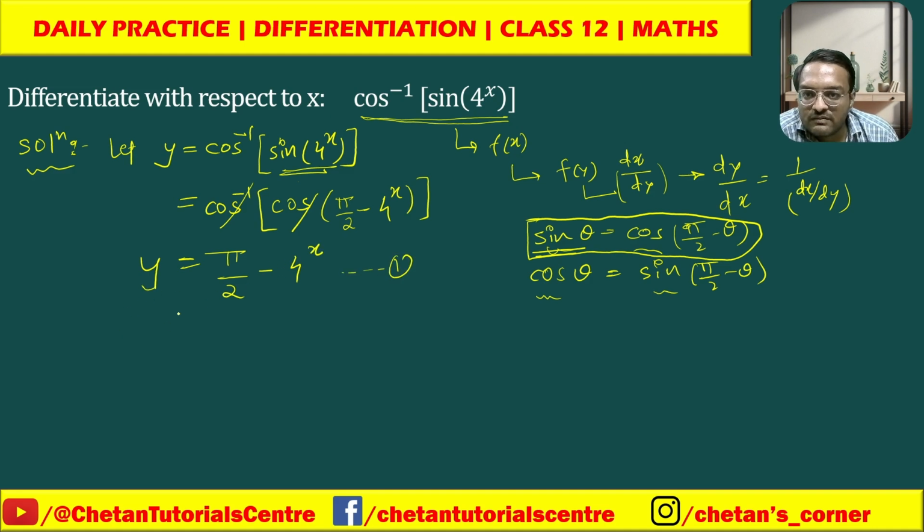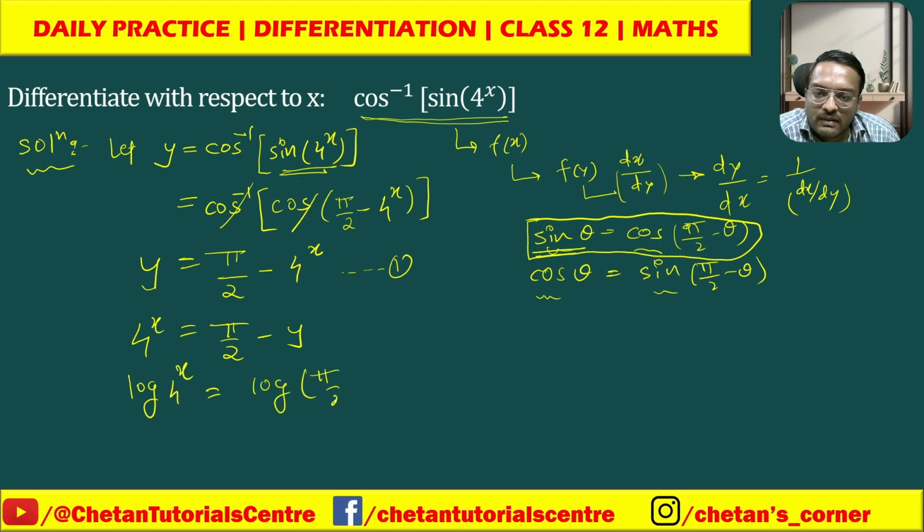Now I will convert this into a function of y. So 4 raised to x is pi by 2 minus y. If I take a log on both the sides, then what I will get? Log of 4 raised to x is equal to log of pi by 2 minus y.